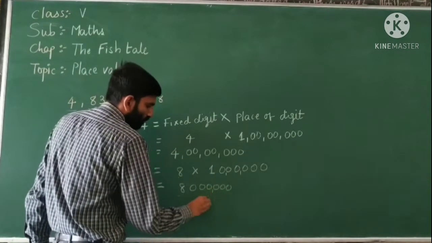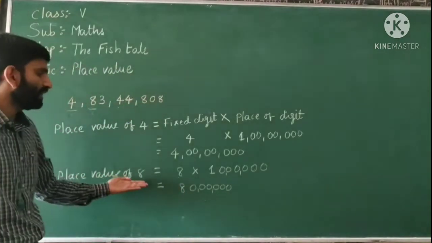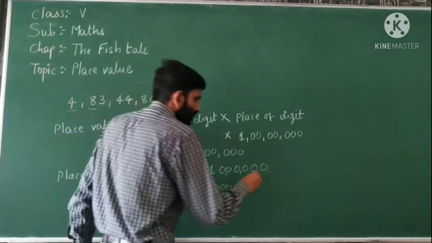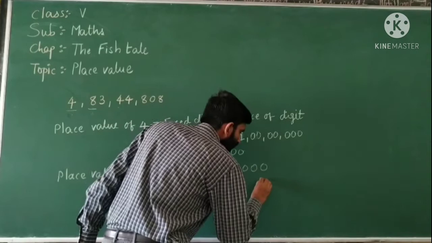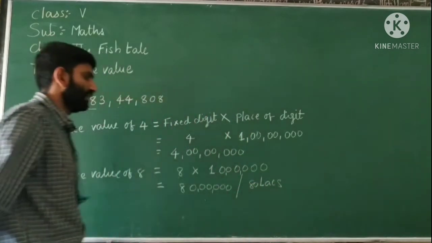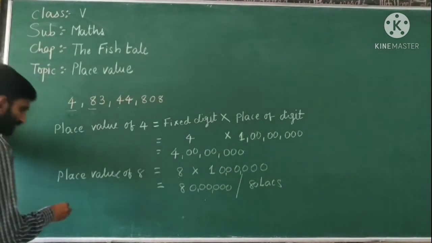Okay. Now we'll place commas. Now the place value of 8 is 80 lakhs. Okay. I'll write it here for you. It is already written. I'll write it in words. You can also write it like this, 80 lakhs. Now, we'll find out the place value of 3.